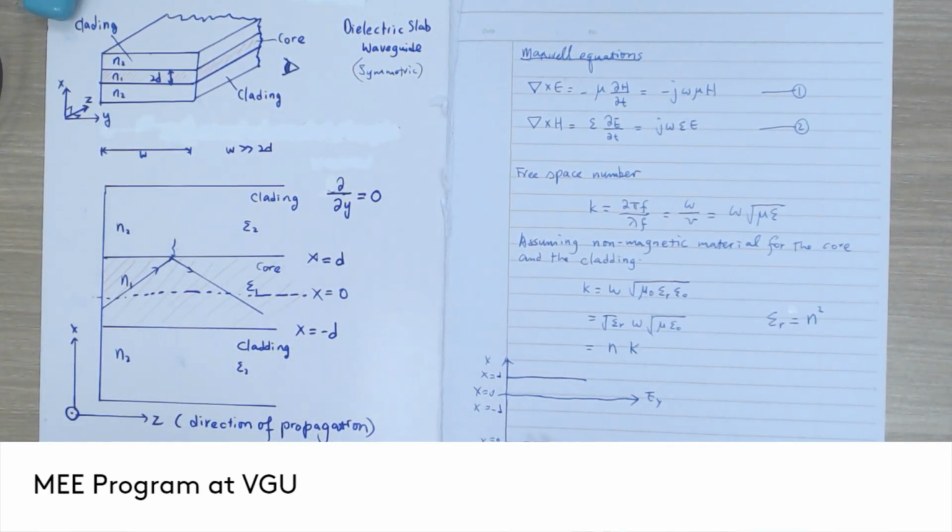If you plot the profile of the electric field, you will find we have only two distinct modes.